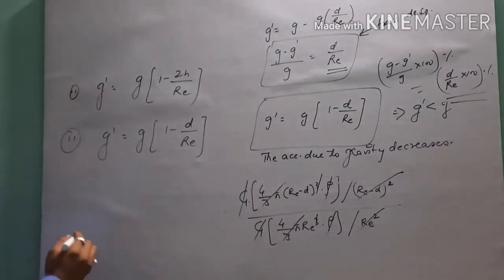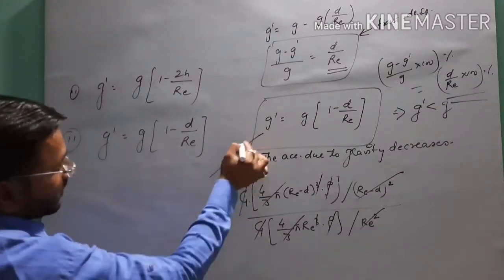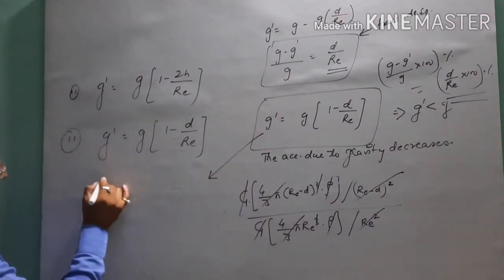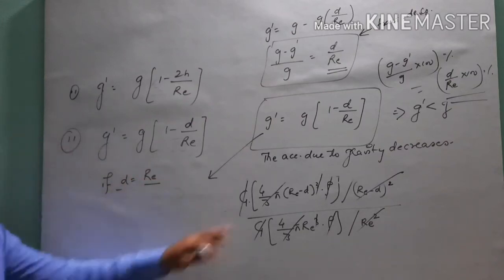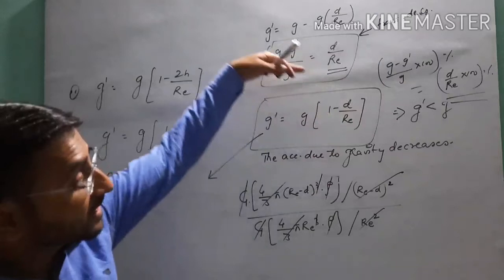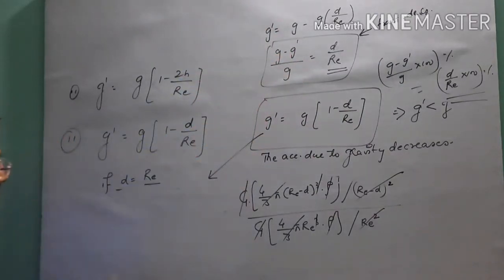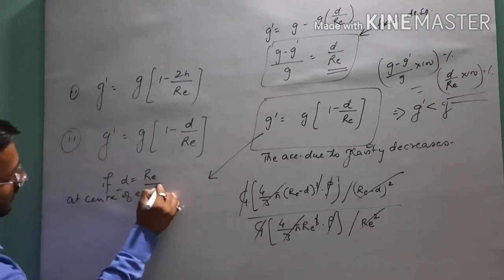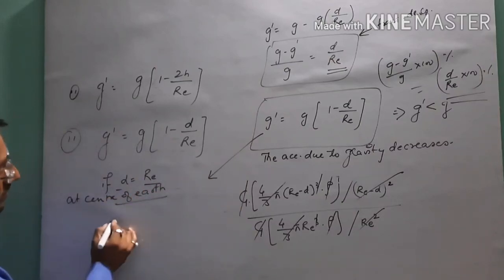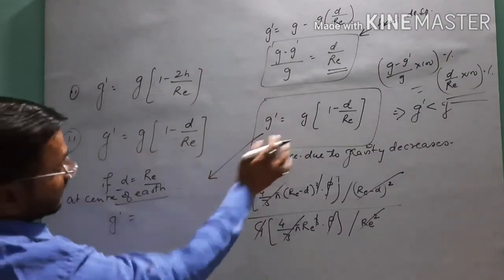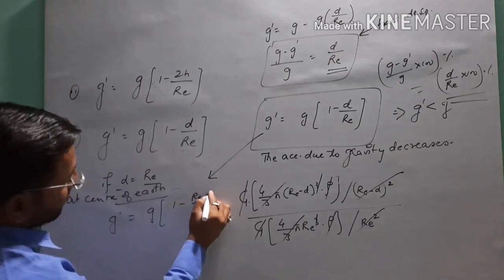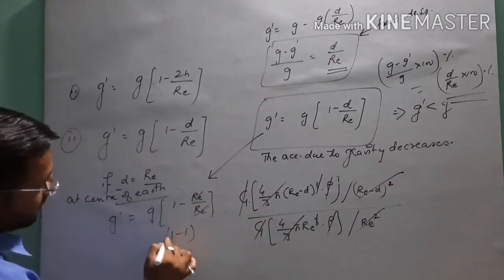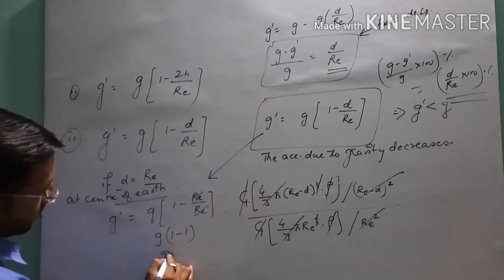Point clear? Now we can take one special case for this. Suppose d is equal to Re, meaning our depth is equal to Re, so the object is at the center of the earth. Let's see what will be the value of small g. g dash is equal to, in this condition, g times 1 minus Re by Re, so cancel out, 1 minus 1, g into 0.